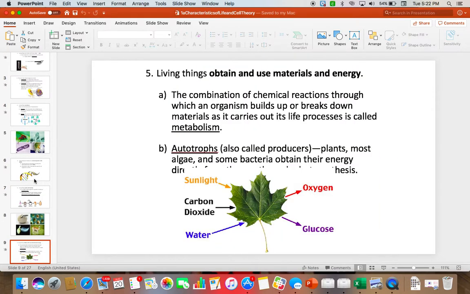Okay, so the next characteristic of life is that all living things have to make energy for themselves. And I think I told you this on the first day of class. So life is based on the ability to keep your cells going, and cells go and do work with energy, just like anything else. So if you lose the ability to make energy for yourself, you die, right?